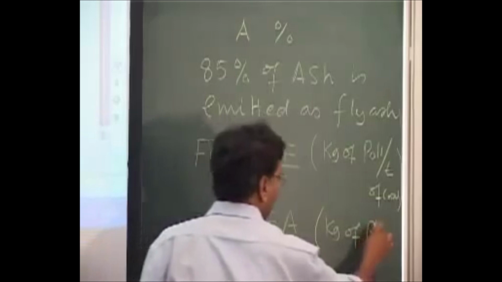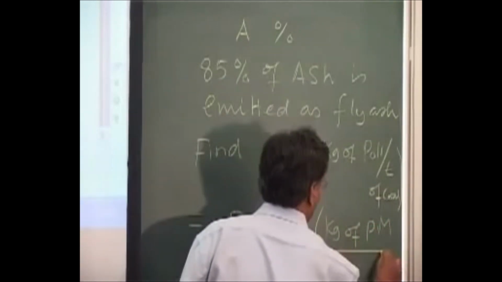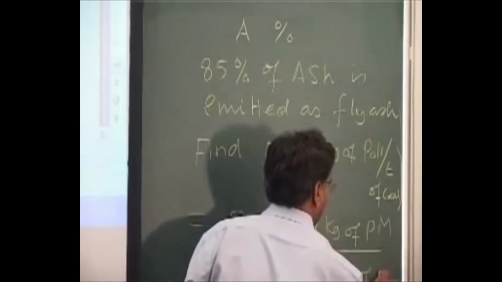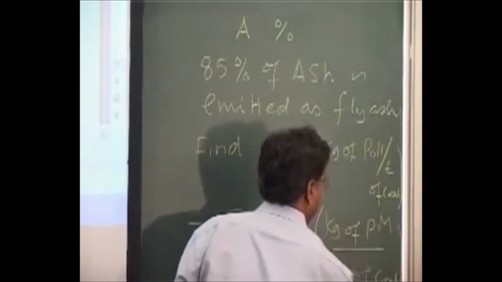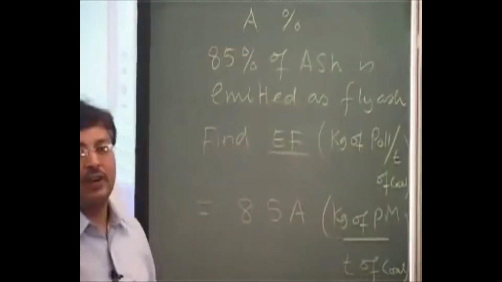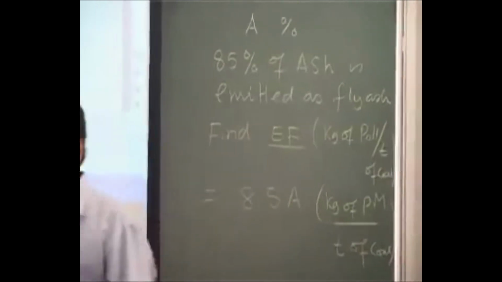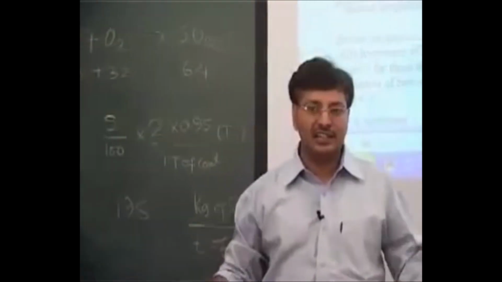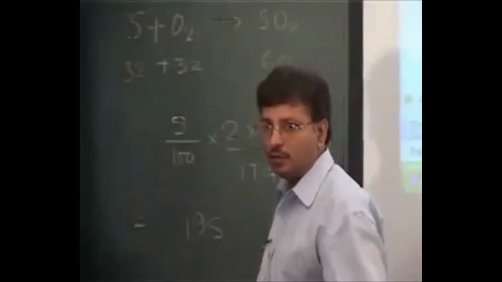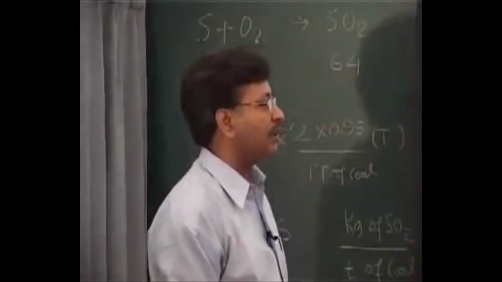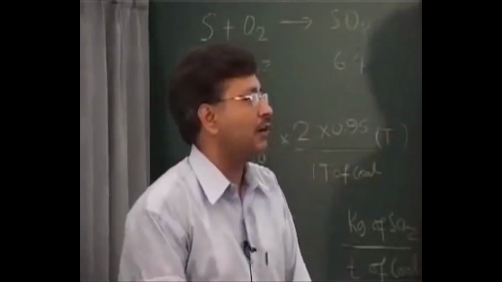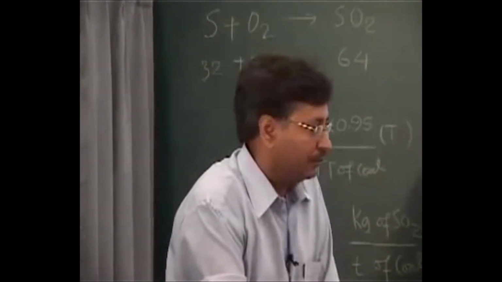So I can write kg of PM, that is particulate matter, per ton of coal, and you can check. That is how emission factors are developed or derived. I just extended the example from sulfur to particulate matter emission from burning coal.